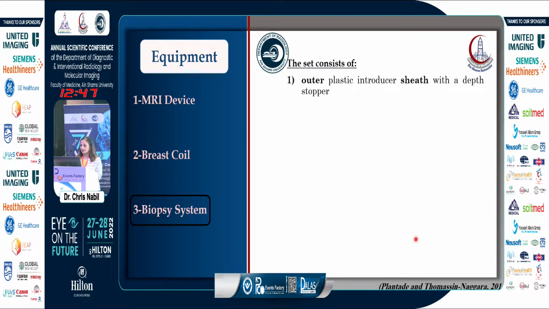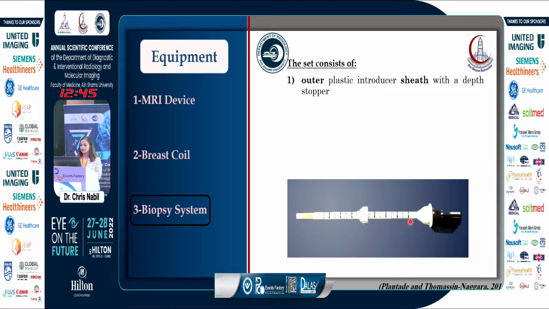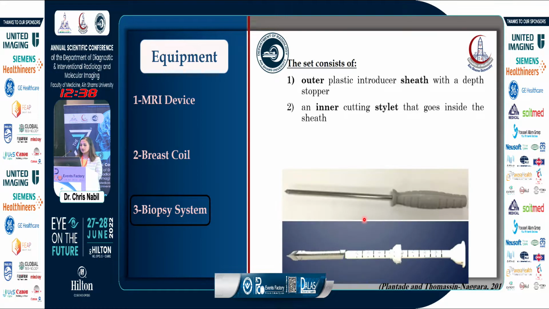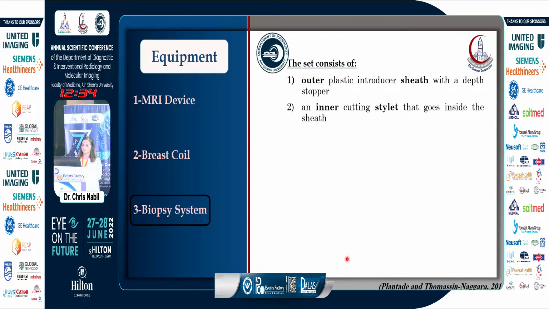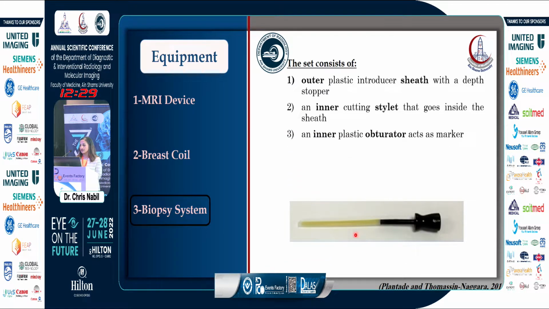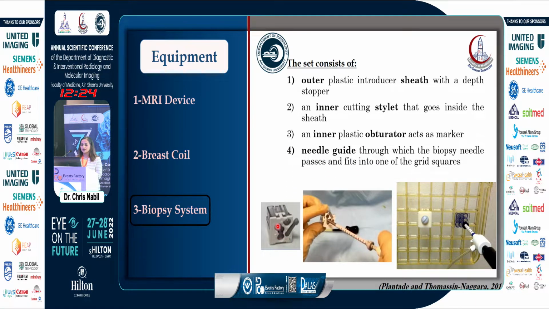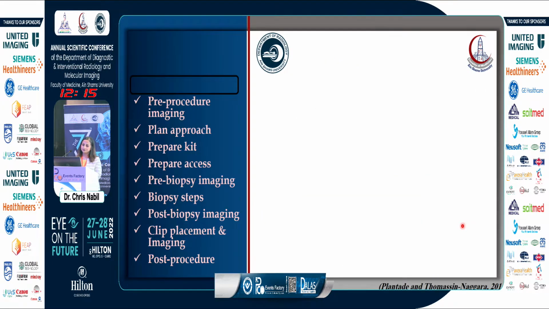The set consists of an outer plastic introducer sheath that has a depth stopper, which is a plastic donut, an inner cutting stylet or a trocar that goes inside the sheath, an inner plastic obturator that also goes inside the sheath to act as a marker during imaging, and the needle guide. The needle guide is a small cube that goes inside one of the squares of the grid. It has multiple holes through which the sheath and the VAB pass.